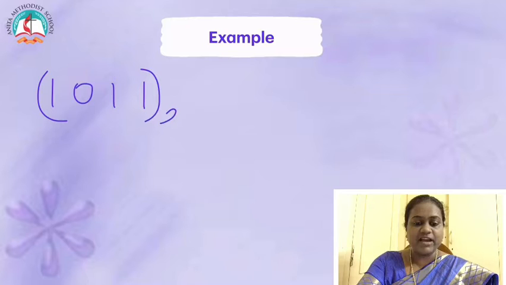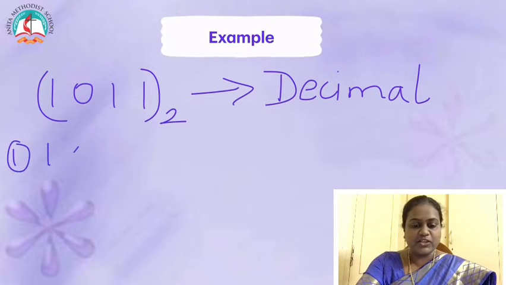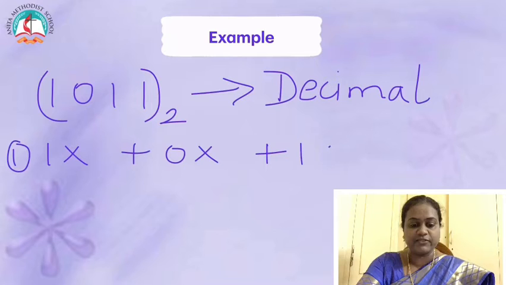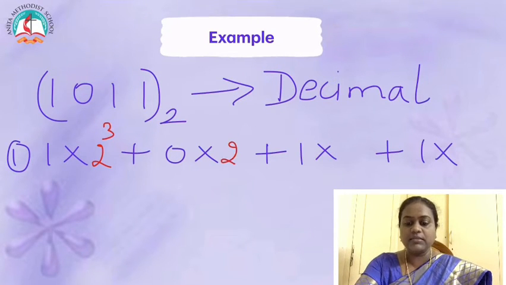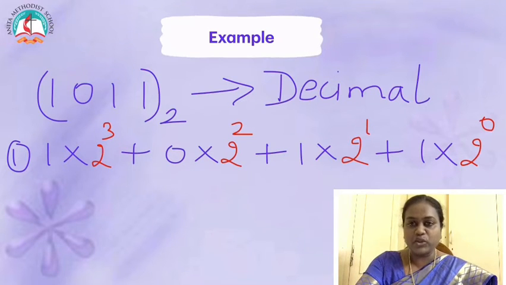Now my binary value 1011 base 2, I am going to convert into decimal. I am taking each bit in the binary value. First one is 1, second one is 0, third one is 1 and fourth one is 1.